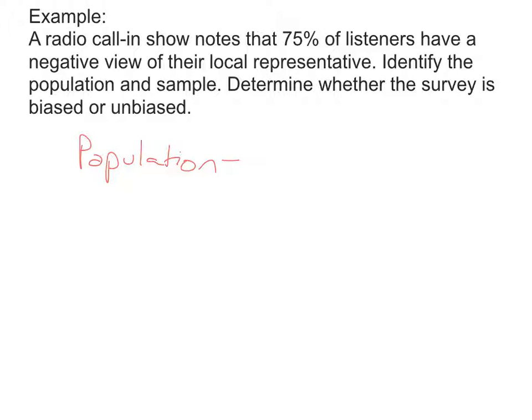Well, the population is all the people that could have participated. And so we'll say that the population is listeners to this station. So that's the people that could have answered this question or given their opinion.